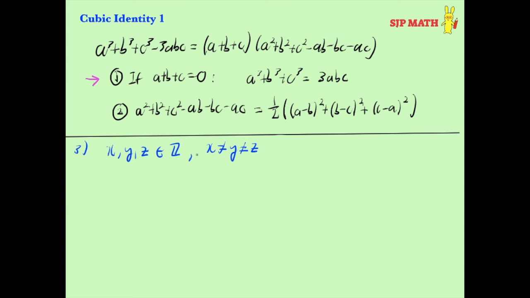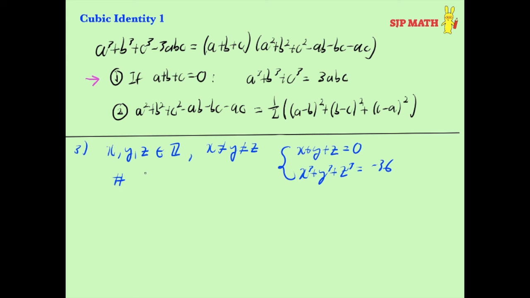If they're distinct integers, and we have the information that x plus y plus z is equal to 0, and x cubed plus y cubed plus z cubed is equal to negative 36, then find the number of triples of solutions.